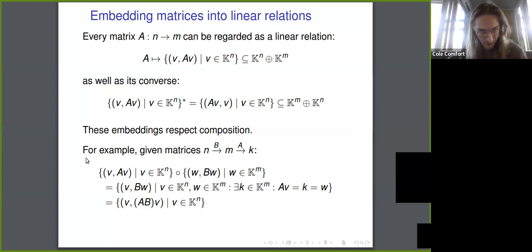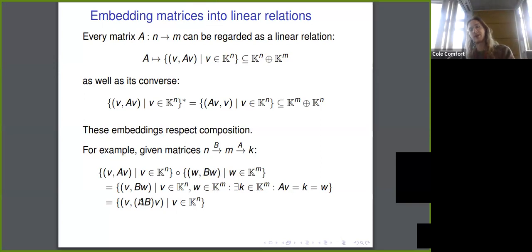So if you have the relation corresponding to this matrix A and another relation corresponding to a composable matrix B, then just by definition of the relational composition, you're asking for the existence of some k in k to the m such that A times V is equal to k, which is equal to W. If you do the simple substitution here, you get that V is related to A multiplied by B evaluated at V, which is essentially the matrix multiplication.